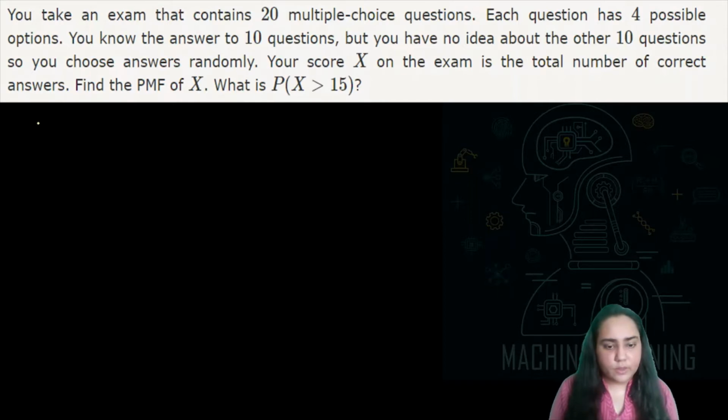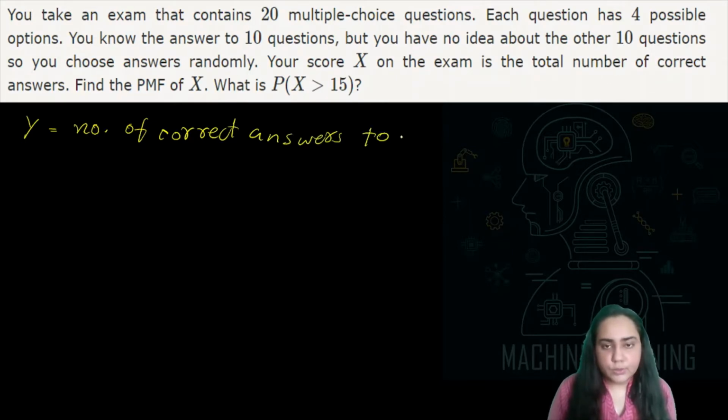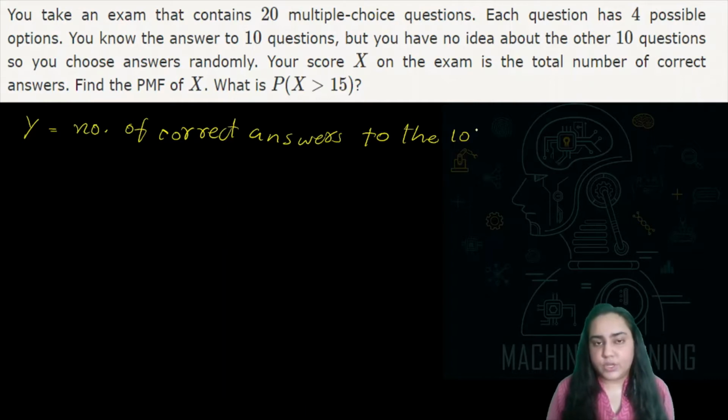I can write down, let's assume that Y is the number of correct answers to the 10 questions. Because there are 20 questions, and there are 10 questions of which I know the answer and 10 questions of which I do not know the answer, and I have just randomly selected some answers.